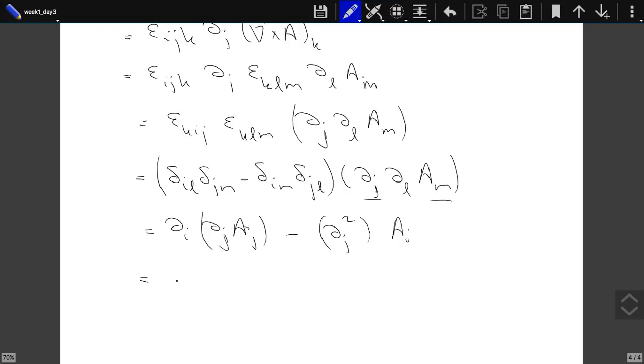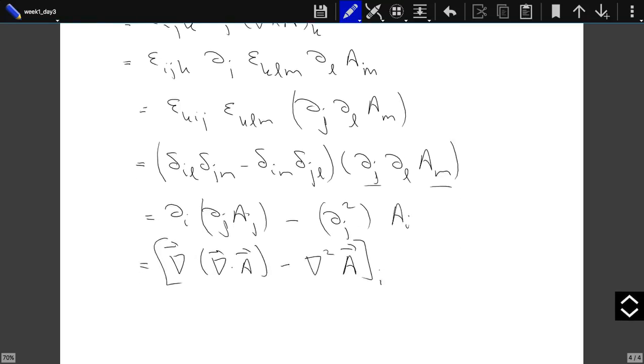So this is equal to, okay, this is the i component of the gradient operator. This is the divergence of A. Well, the second derivatives we defined as the Laplacian operator. And this is the i component of the vector.